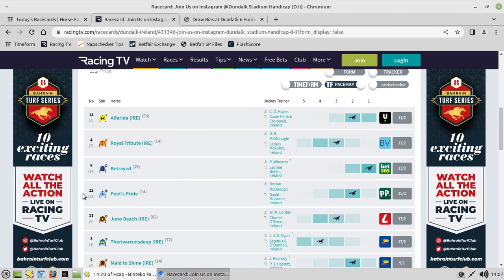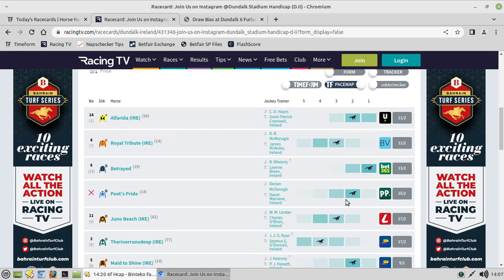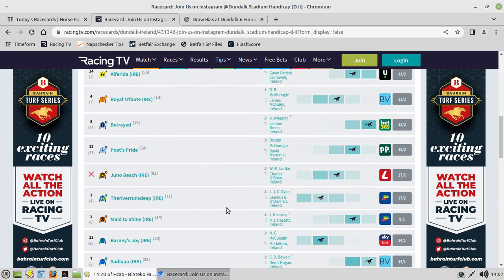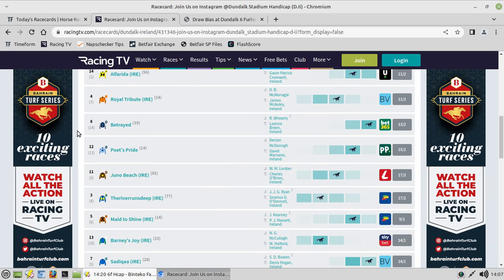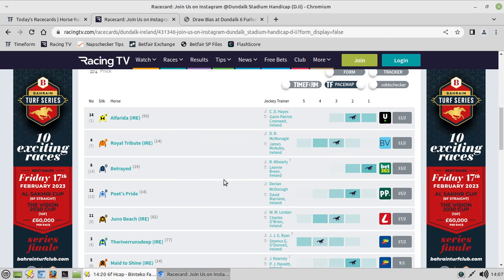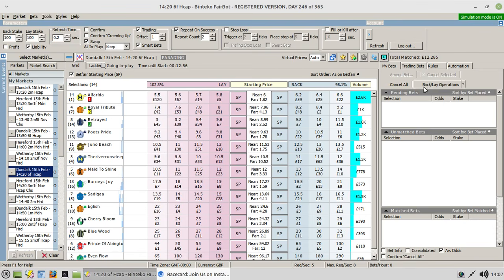Poet's Pride is high. Made to Shine is relatively low. So given the stall draw, I'm actually tempted to go Alfrida, Royal Tribute and Made to Shine. Let's see what they're looking like.